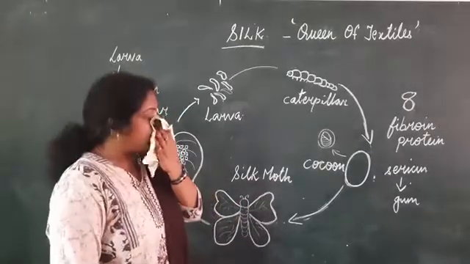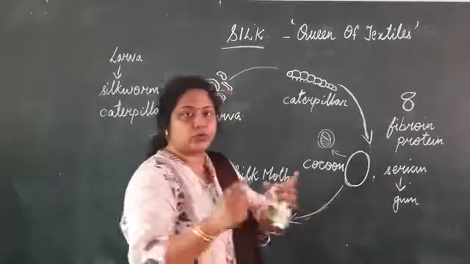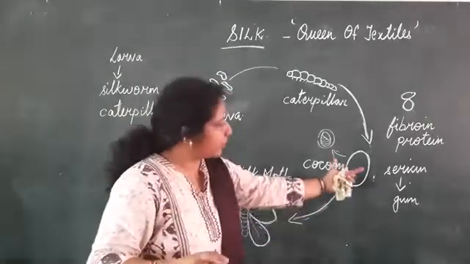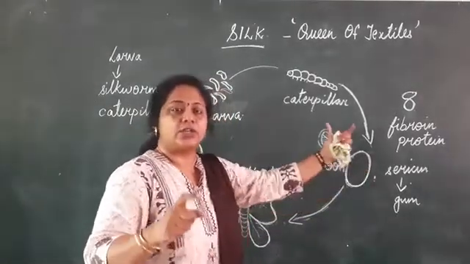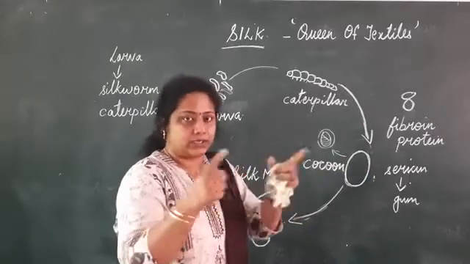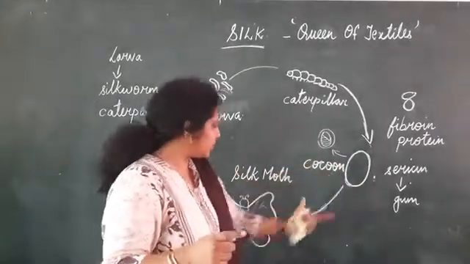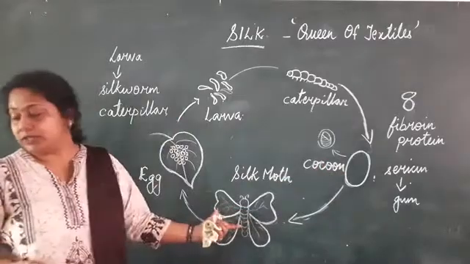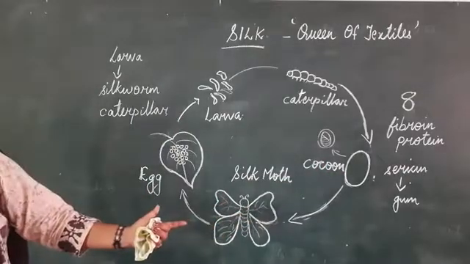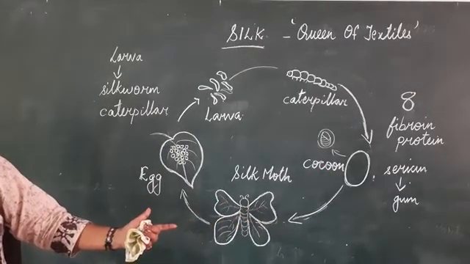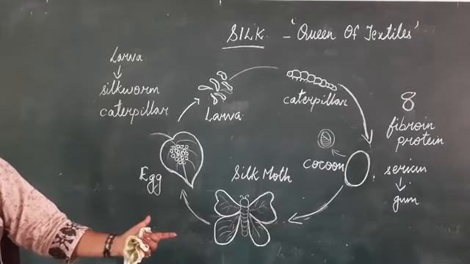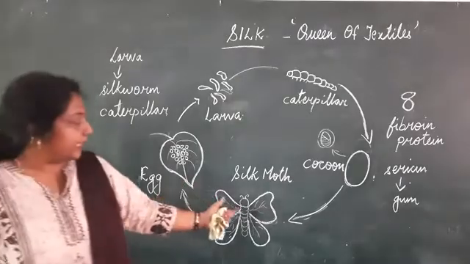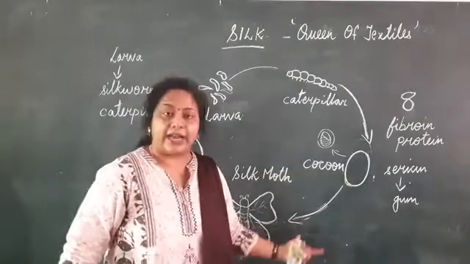How does it come out? It comes out by breaking this cocoon. The cocoon is the outer nut formed, and it is a very hard shell. So it breaks the cocoon, जैसे अंडा टूटता है ऐसे ही. From this cocoon comes out the silk moth. And this silk moth secretes a fluid to dissolve the silk, and thus it escapes from this. इसमें से बाहर निकल जाता है.